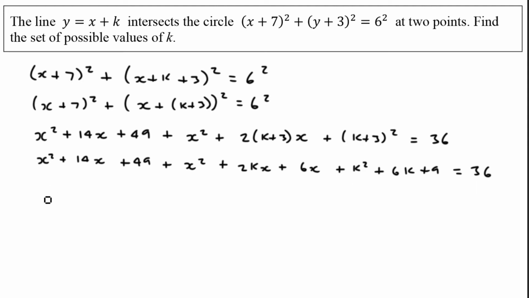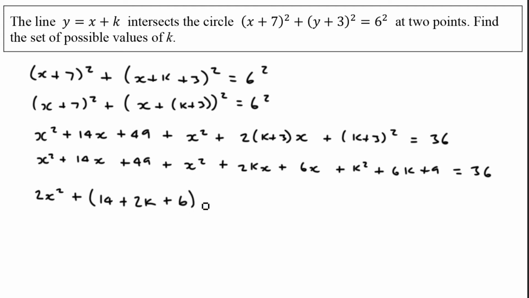Now, collecting together, we have 2 x squareds. How many x's do we have altogether? Well, let's be careful here. There are 14 of them from this term. There are 2k of them from the next term with x's. There are 6 of them from the term after that.